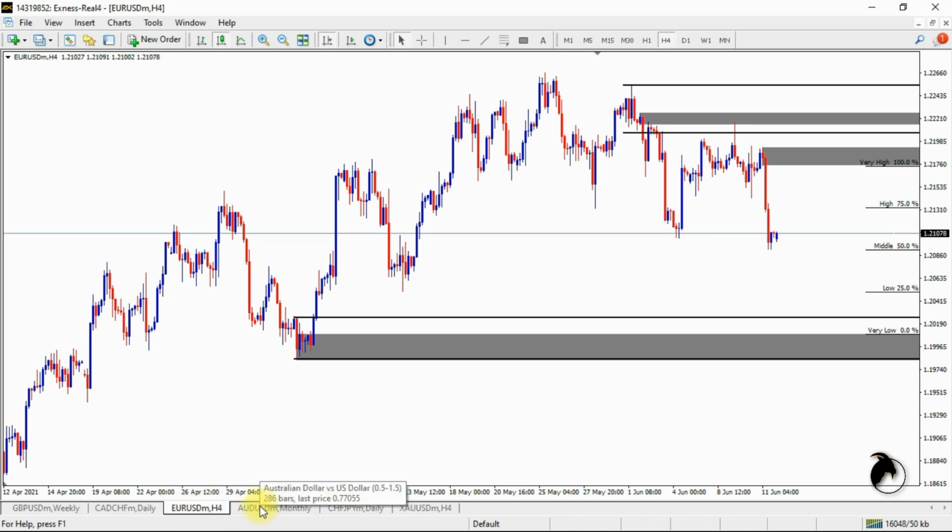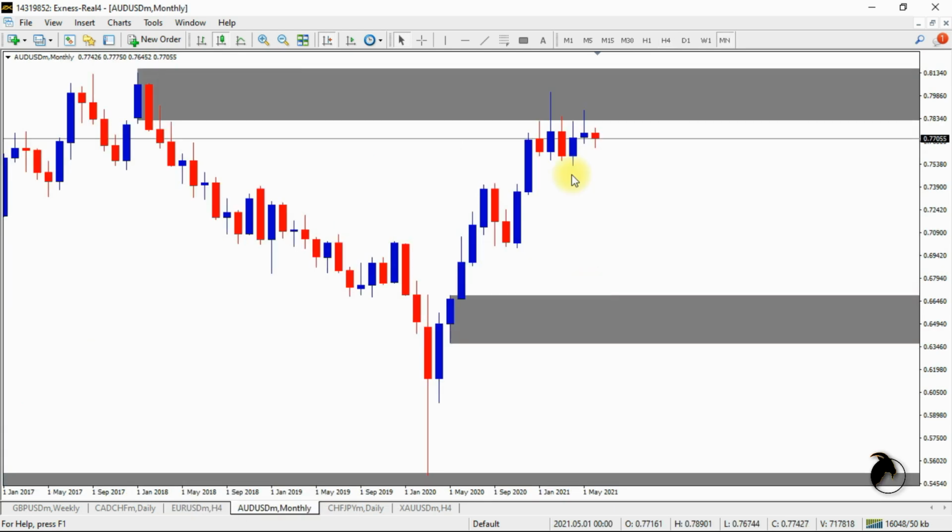Let's move to AUD USD. Currently, this zone is the one that's holding price, so it does not allow us to look for buying opportunities. For that reason, we'll be looking for selling opportunities to this zone, but we expect a very strong reaction around this zone right here.